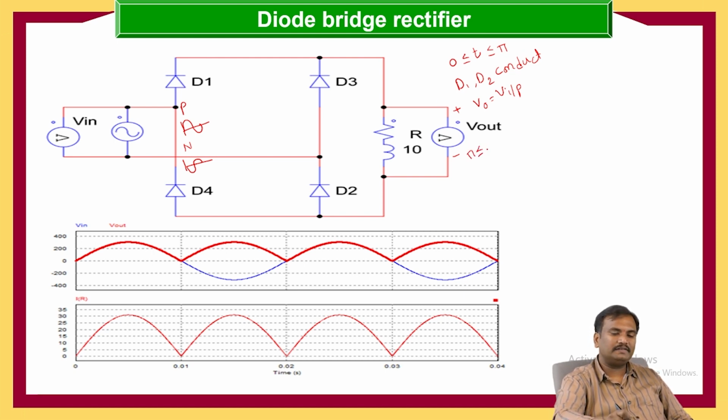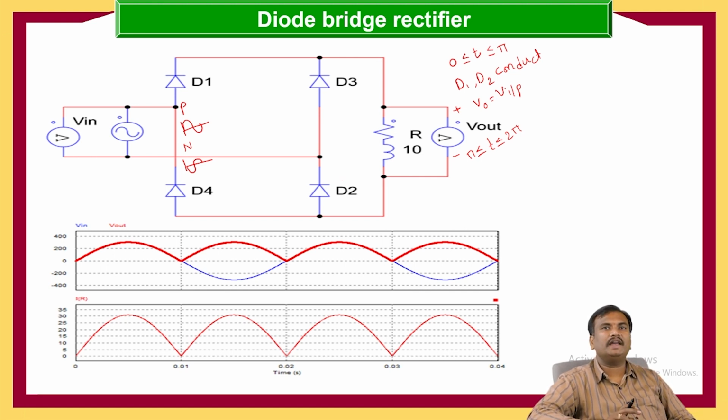Now if pi is less than or equal to t is less than or equal to 2 pi, that is during the period pi to 2 pi, the negative of the input is connected to D4 cathode, so D4 will be forward bias. And D3 anode is connected to the positive of neutral, so D3 will be forward bias, and D1, D2 will get reverse bias.